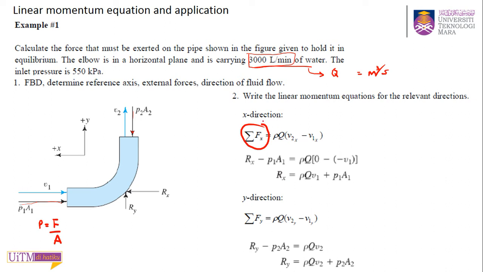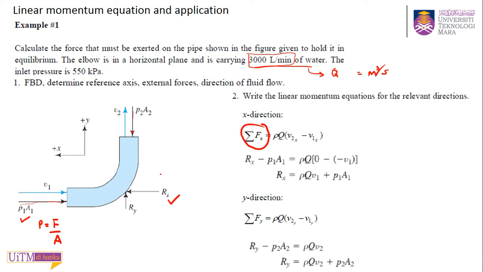Okay, so in the x direction, write your linear momentum equation in the x direction. So the summation of force in the x direction equals rho times Q times V2x minus V1x. So you have V2 and V1. Okay, for the force terms in the x direction, you have Rx and you have P1A1.